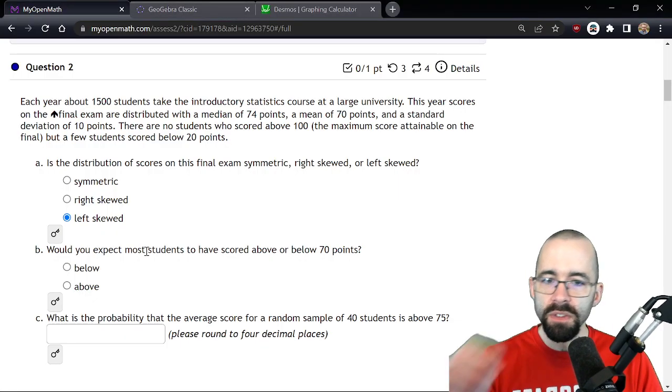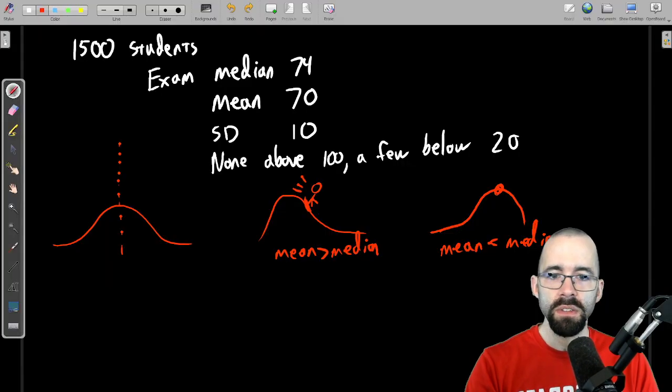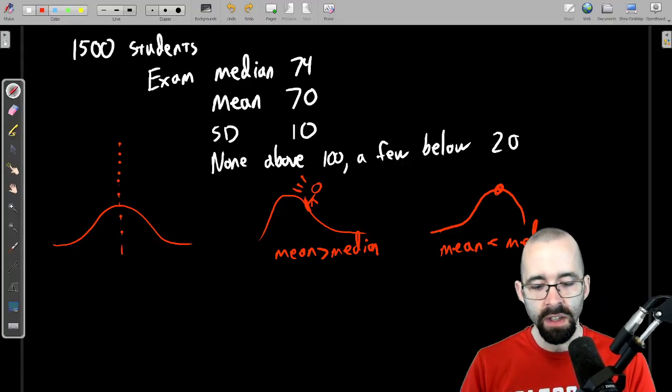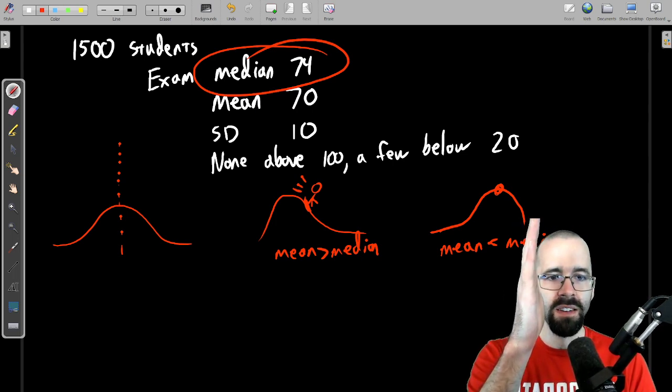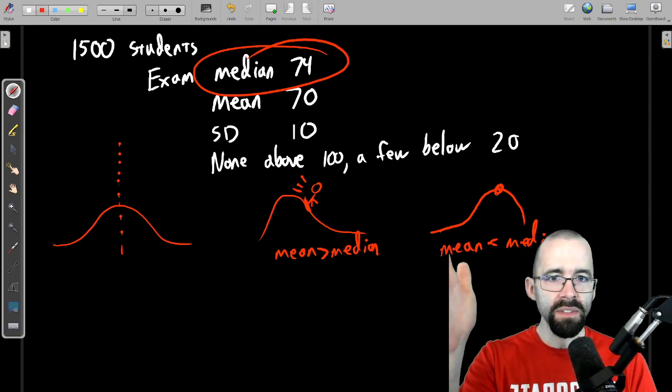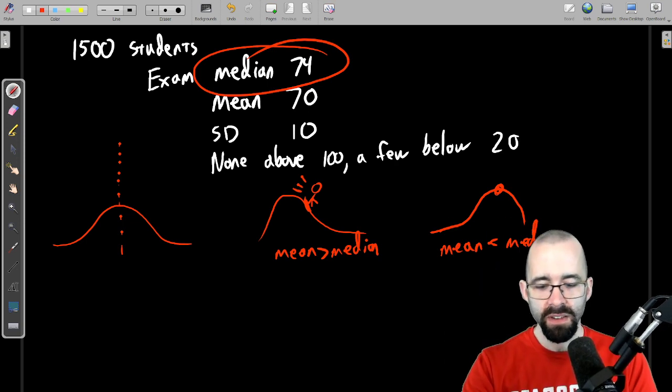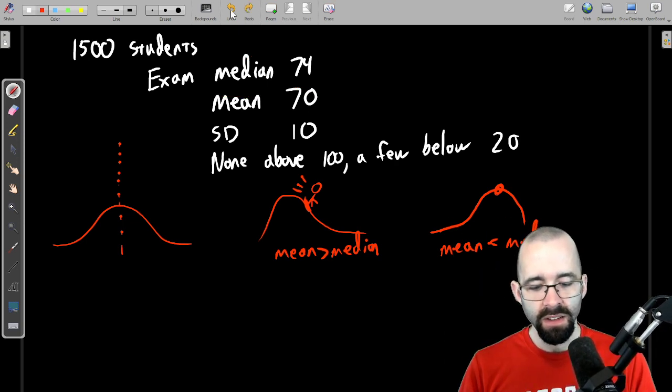Would you expect most students to have scored above or below 70 points? Well, we know that half of the students scored above 74 and half scored below 74. So if 74 is the half, then above 70 is going to be more than half. Right?